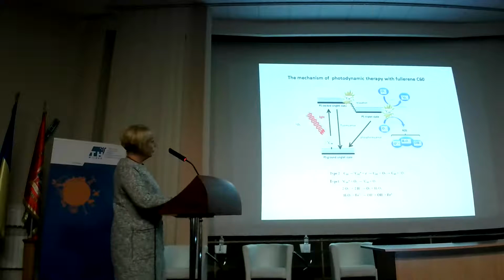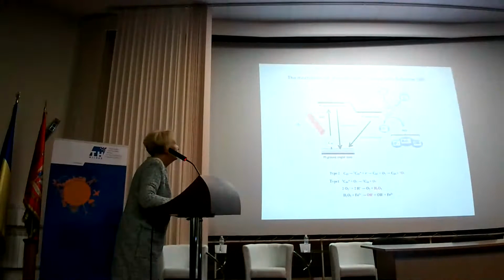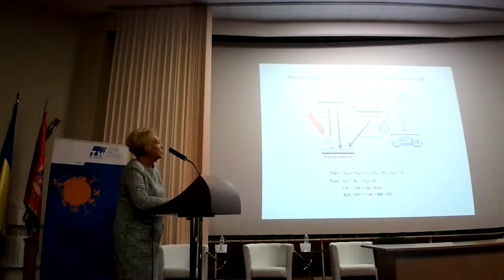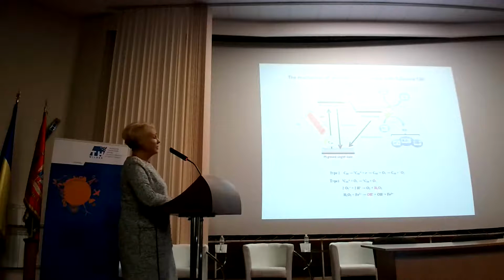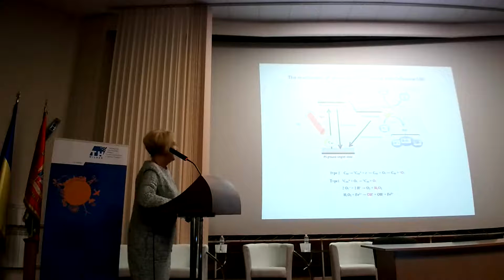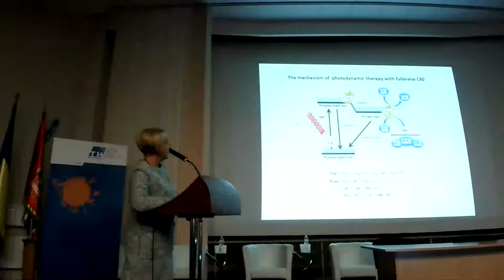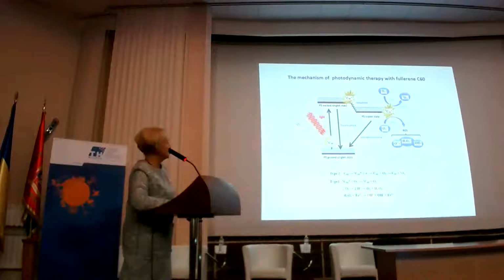Between them, superoxide anion is a rather weak oxidant, and it can't cross the cell barrier, but it is used in reactions to generate other reactive oxygen species.